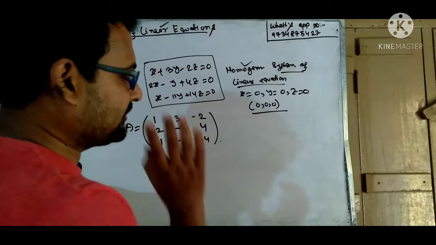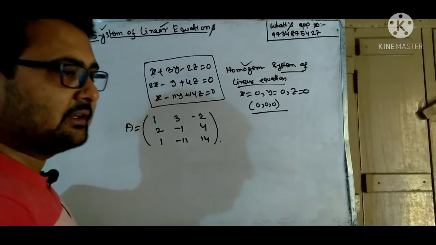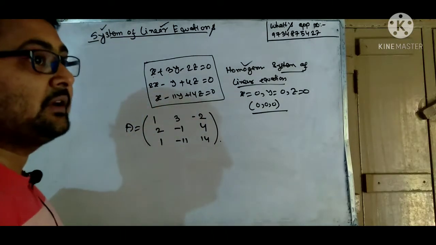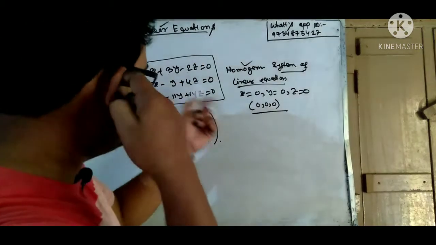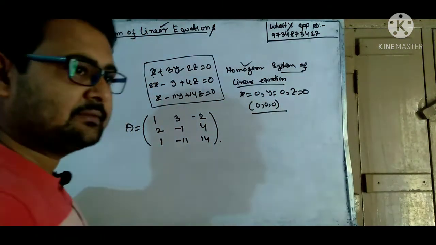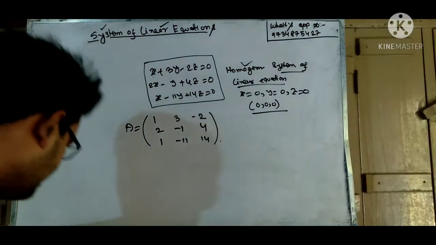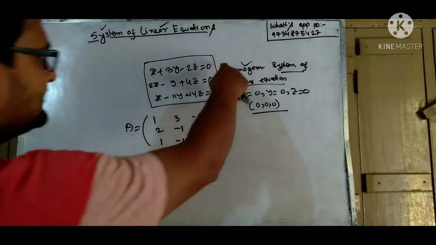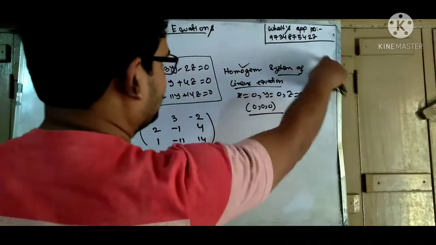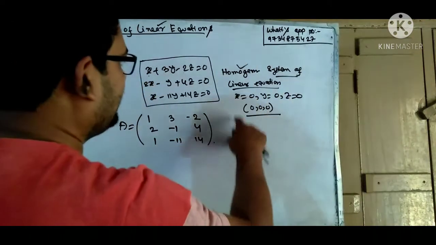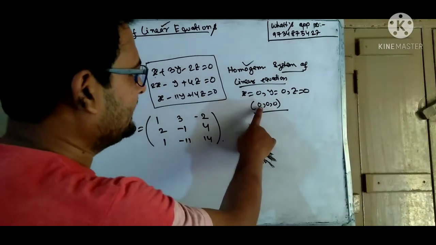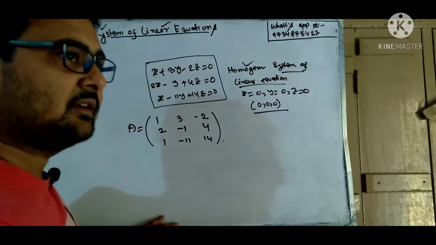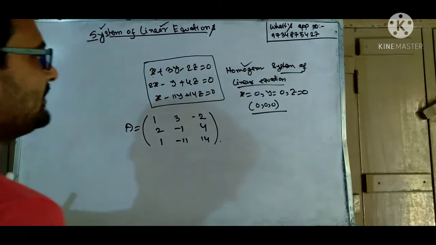Here we will find if there exists any non-trivial solution or not. If there does not exist any non-trivial solution, then the trivial solution will be the solution. So we will remember that a homogeneous equation has an obvious solution 0, 0, 0, called the trivial solution of the homogeneous equation.